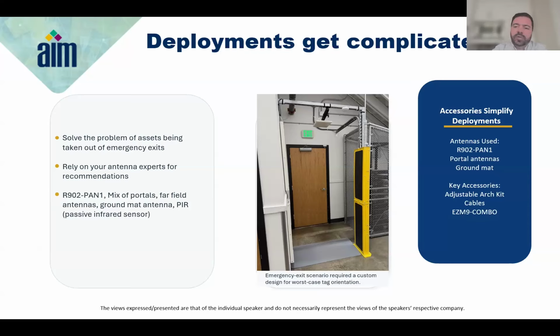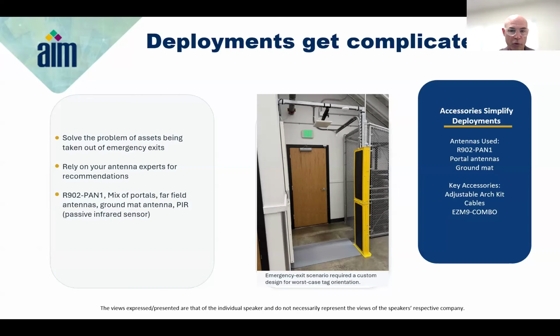And I think what we're trying to sum up is that as these deployments get more complicated, as you have situations like this with possible unwilling participants, it's really important to partner with people that have the experience and the expertise to think outside the box and design these types of solutions using the correct hardware, right? We need to make sure the project's goals and requirements are met. And this is a good example of how to make it work in the worst case scenario.